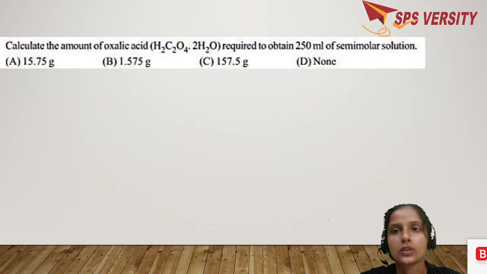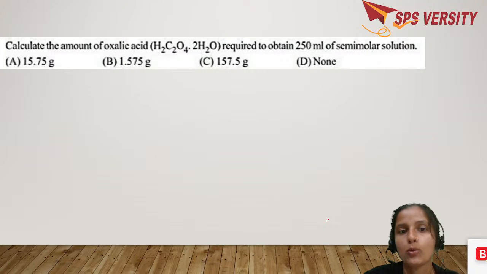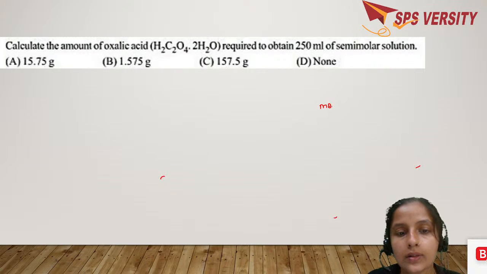Calculate the amount of oxalic acid required to obtain 250 ml of semi-molar solution. What is semi-molar? How do you find out the semi-molar solution? What are you going to do for this? So the molarity, how do you write molarity?